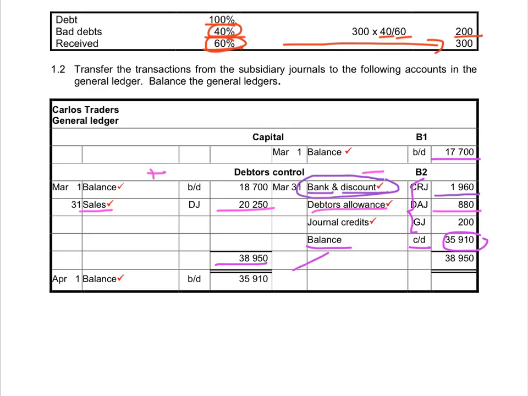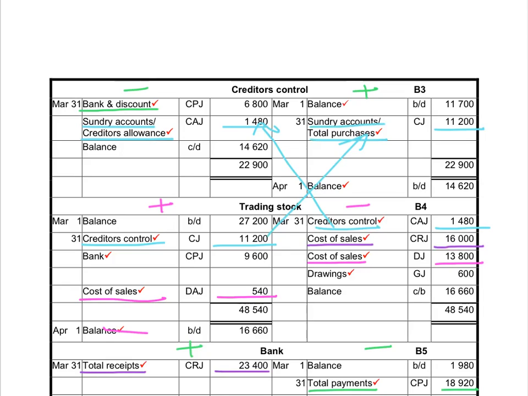And this balance will be brought down on the first day of the next month below the total to complete my double entry. If I carry on in my books in the next month, I will see that I start with debtors owing me 35,910.